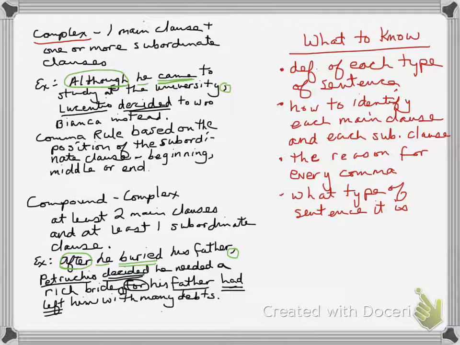The main clause is Lucentio decided to woo Bianca instead. The subject is Lucentio. The verb is decided. It stands alone as a sentence. So there's my one main clause. The other clause, although he came to study at the university, let me pause here.